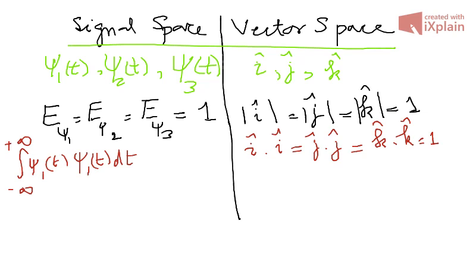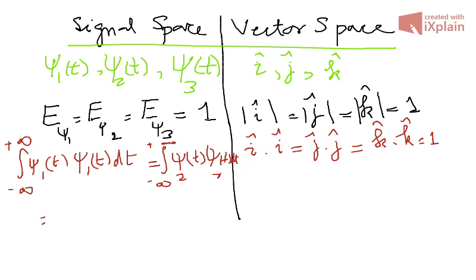It is the same as the dot product of psi 2 of t with psi 2 of t, the integral dt.